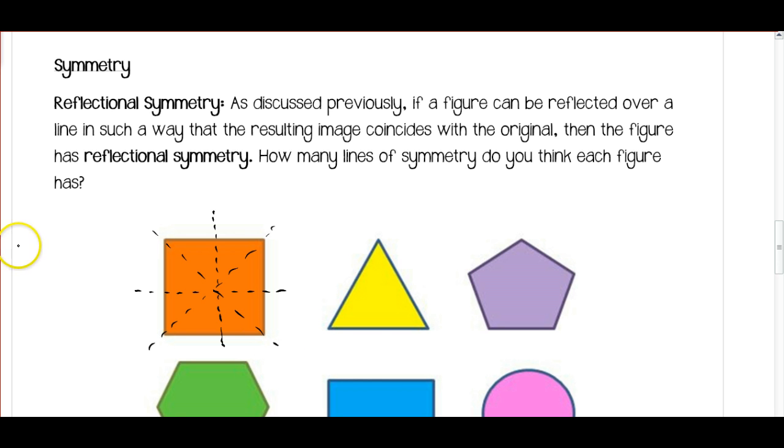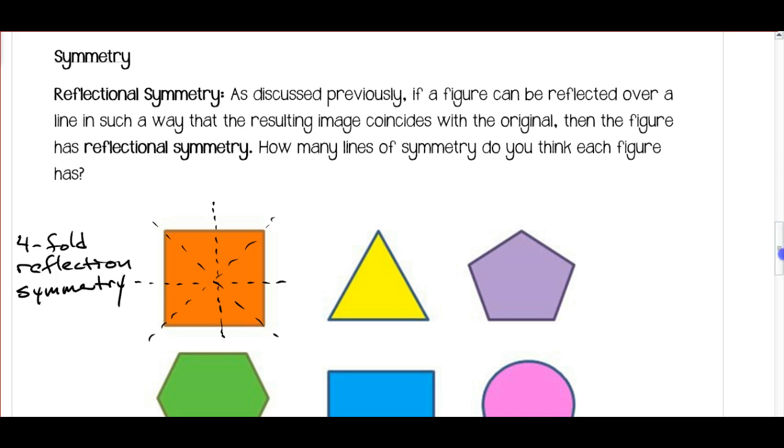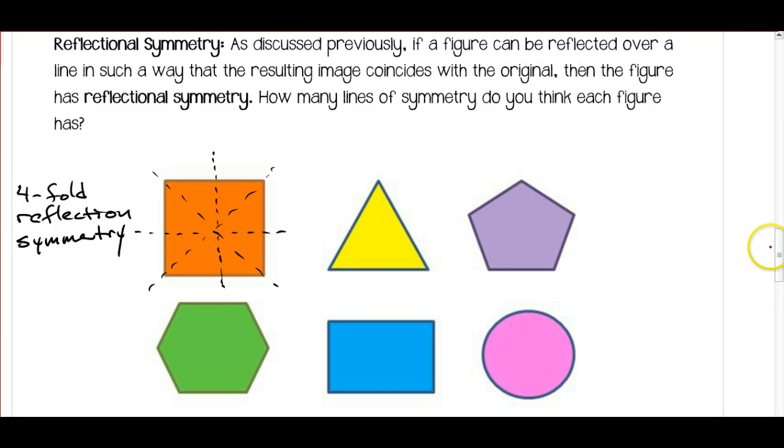So we could say that this has four-fold reflection symmetry. Alright, so go ahead and pause the video and work out some of these other ones. See what you come up with. We'll talk about that in class.